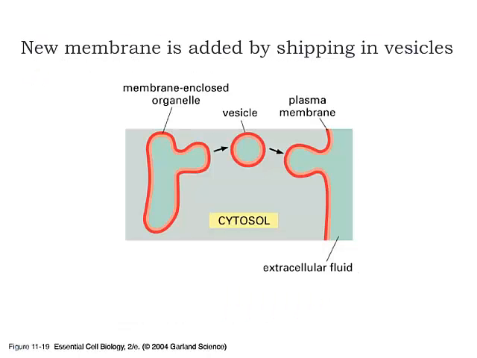Okay, so yes, membrane-enclosed organelles can redistribute or be formed as a result of vesicle movement, or they can transfer lipids or their contents to the plasma membrane, or even if they have some molecules that they want to secrete, they can be released to the outside of the cell.